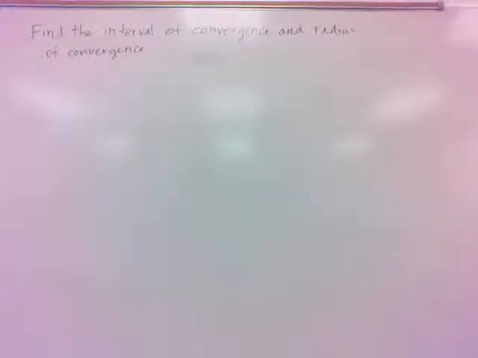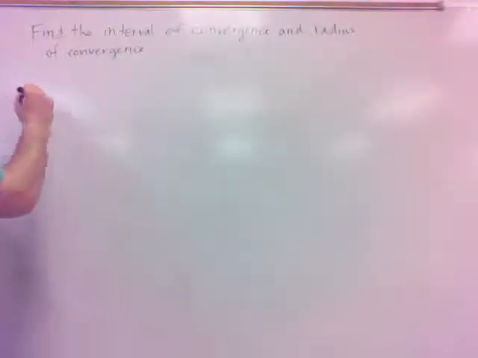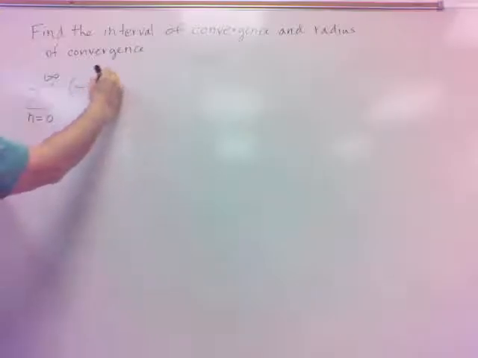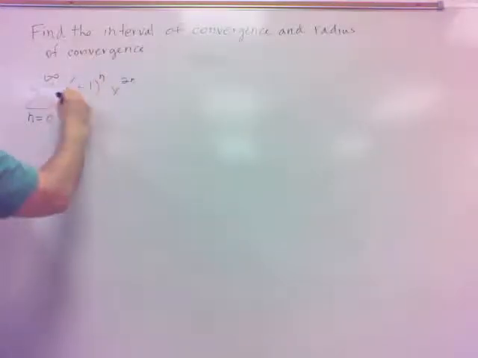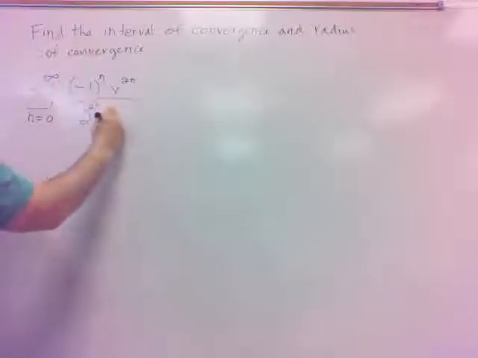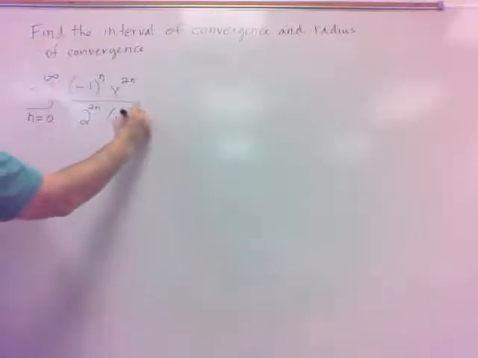Let's do that. All right, yeah, let's look at this one. It's a really fun looking one here. n equals 0 to infinity, -1 to the n, x to the 2n over 2 to the 2n, n factorial squared.